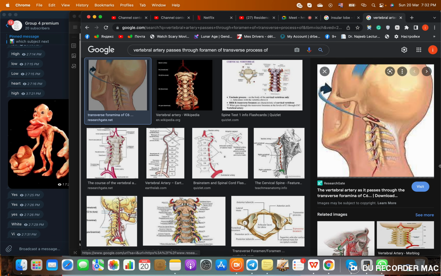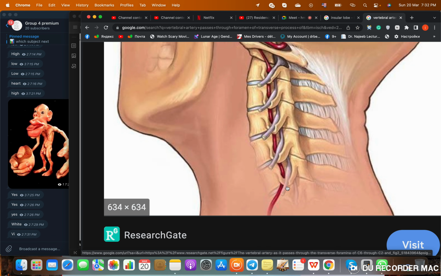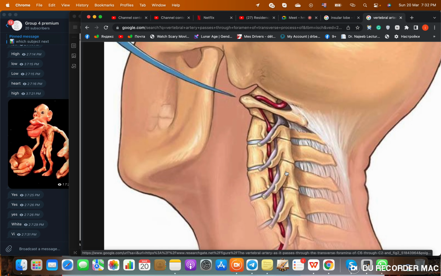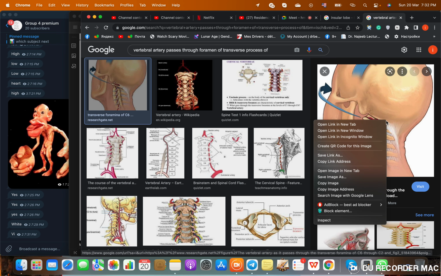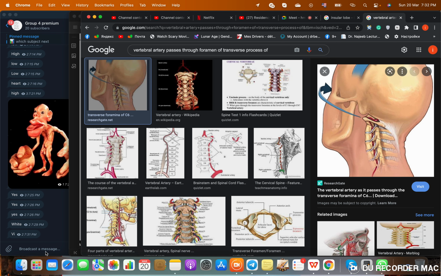You can see how the vertebral artery goes through the transverse foramina until it enters your head. And when it enters your head, the next step comes.